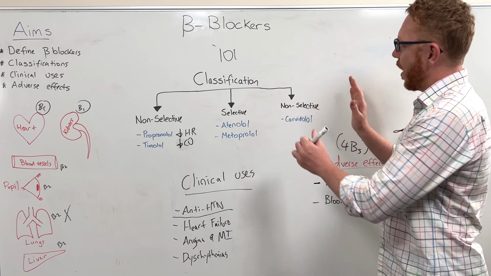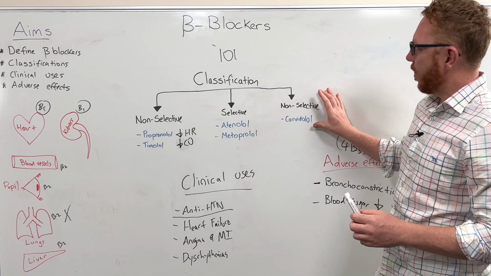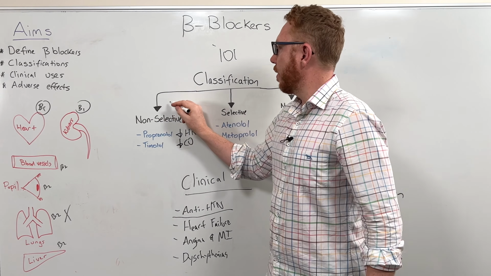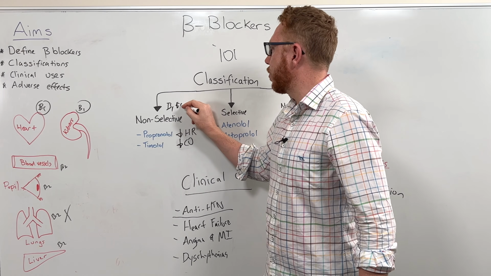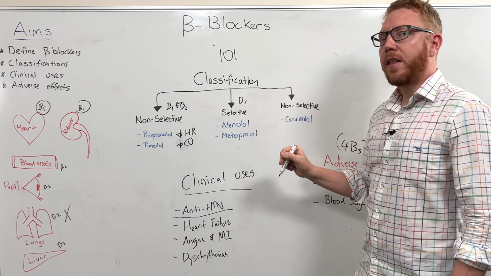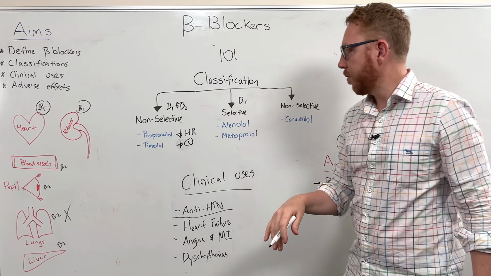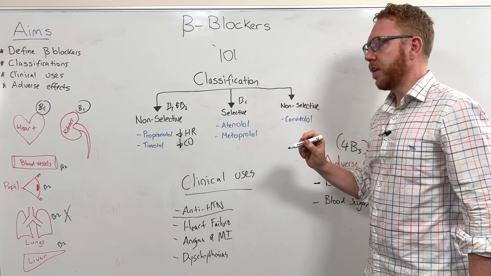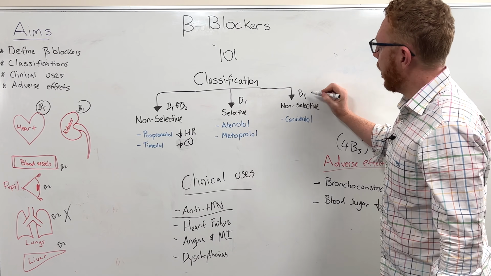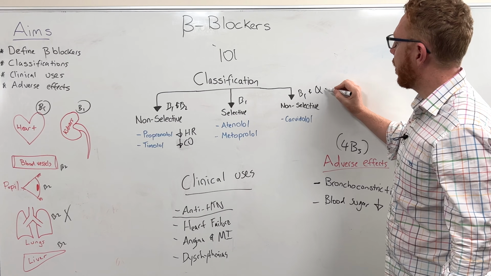Finally, we'll move to another form of non-selectives, but these are a bit different to the non-selectives here. Where we saw the non-selectives here, these would be beta-1 and beta-2 blockers. Selectives would be more just for beta-1, that's why they're usually known as cardiac selective, whereas these non-selectives, an example here called carvedilol, would be beta-1, but also alpha-1.